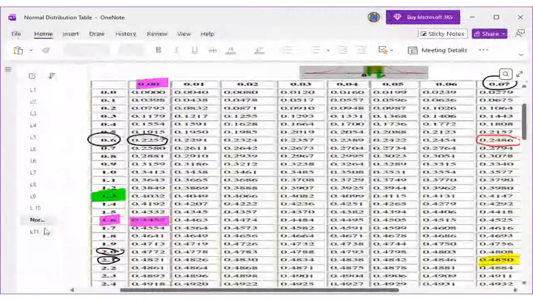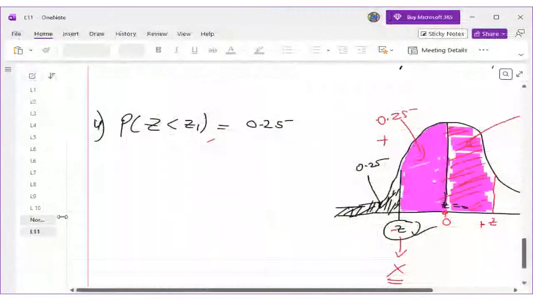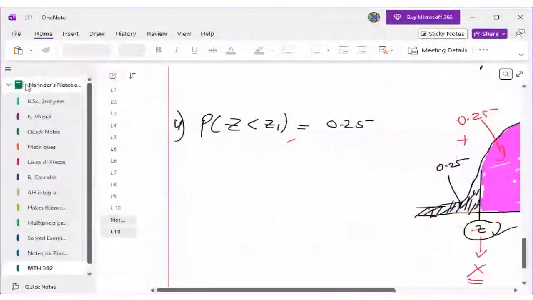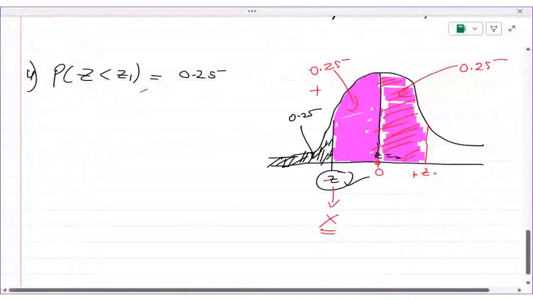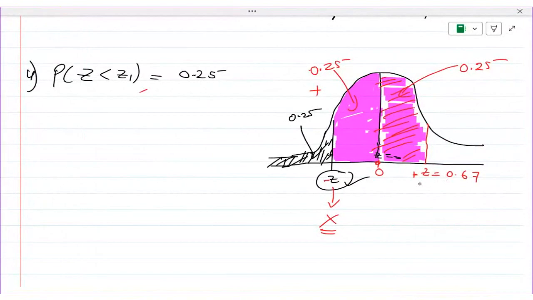It means this z is 0.67. If this is 0.67, then on the left side we will have minus 0.67. So I got this z1, which is minus 0.67. Now I will convert this z in terms of x.